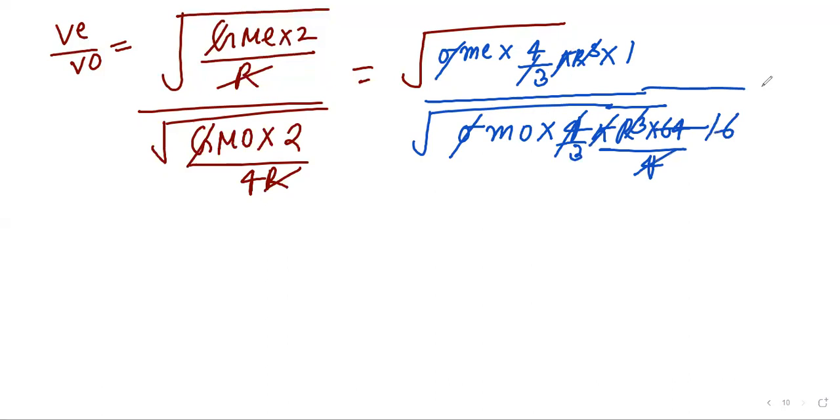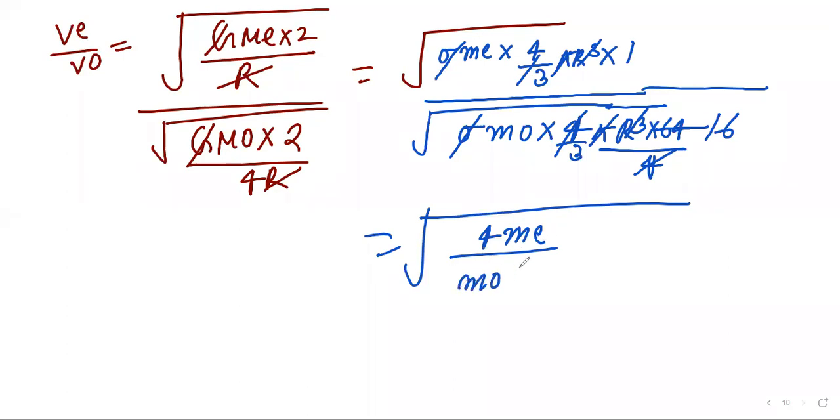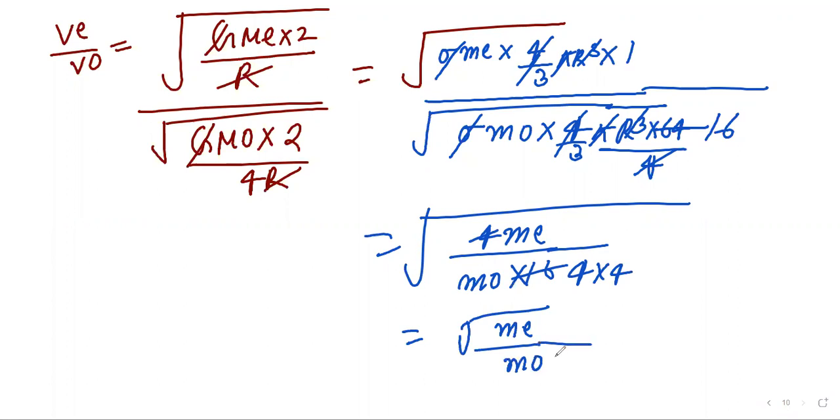This will be 16. This is under root of ME divided by M naught into 16. The 4 by 3 pi R cube gets cancelled, so what remains is under root of ME by M naught into 4. That is V by V naught.